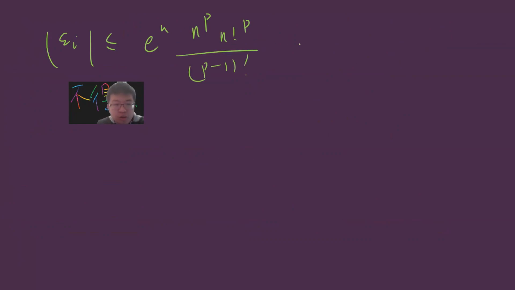The only thing you need to know is that if p is large enough, this guy goes to 0. You can prove it by L'Hopital, because p factorial grows faster than any fixed power. So if you choose n to be whatever, let's say your beginning n to be 100, if p is large enough, this guy becomes 0, for every i.